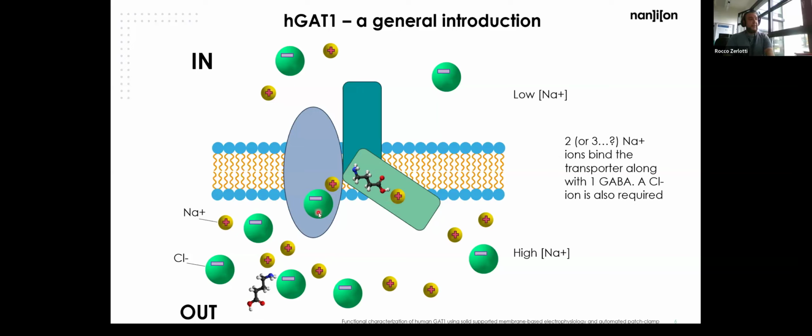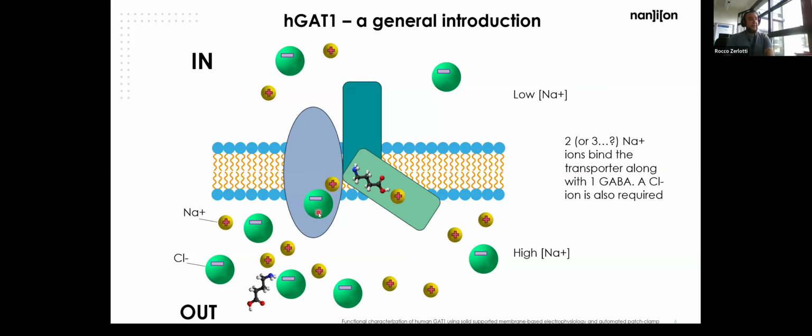Some say that the chloride is actually released. Some say that chloride basically bumps in and out and stays in an equilibrium with the protein itself. Either way, the protein then reverts back to the outward facing conformation, and it's ready to start a new cycle.